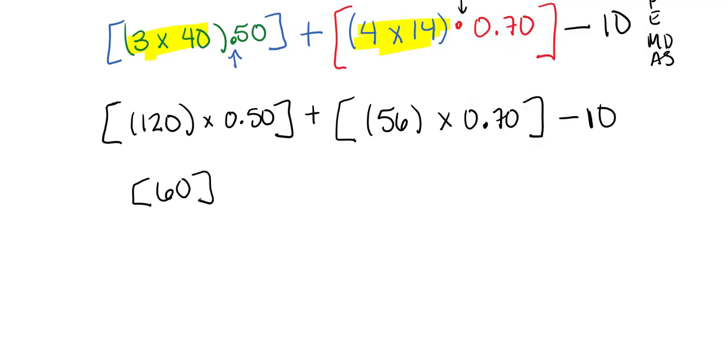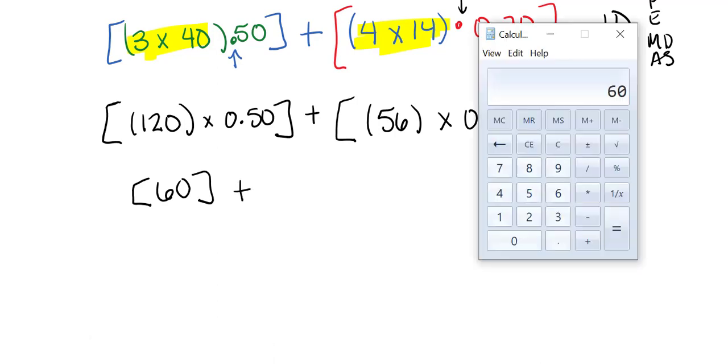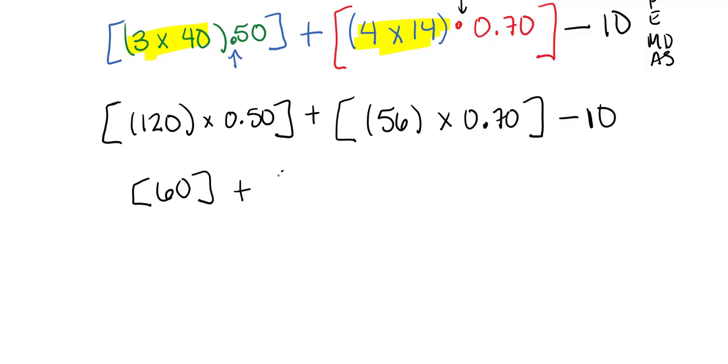So the first one here is 60 plus, we have 56 times 0.7, which is 39.2. And then we have minus 10.